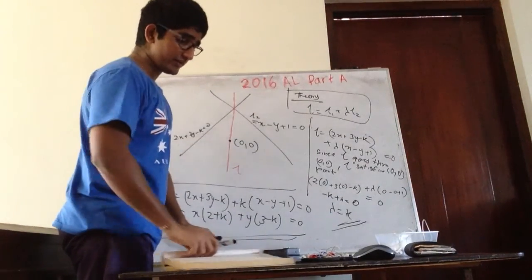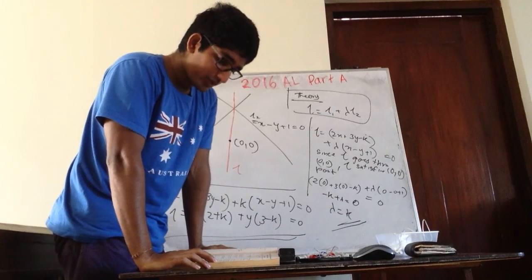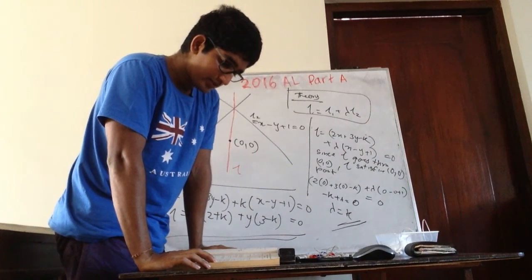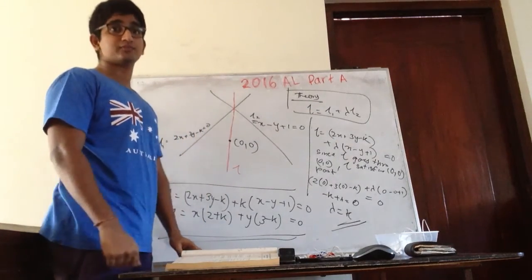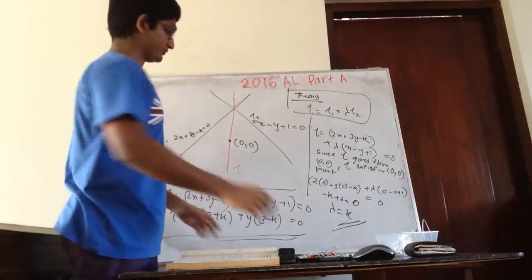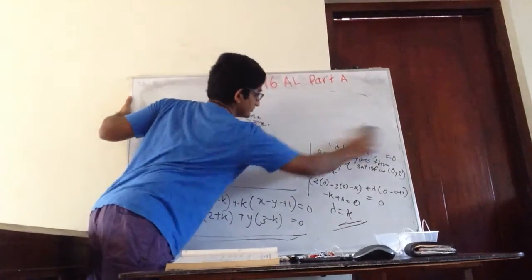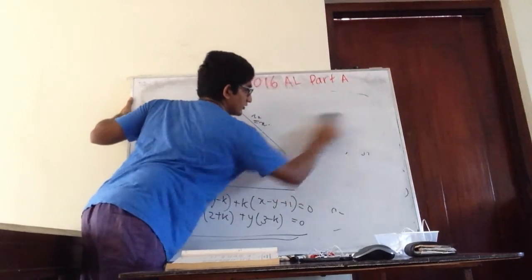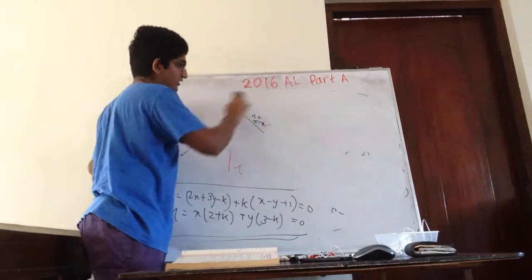Okay, then what are they asking? Then they are saying it is given that points 1, 1 and 3, 4 are on the same side of L, show that k is less than 18. Right, so now there is a theorem that you all need to know. As I said before, they are testing 2 theories. So one of the theories is done.